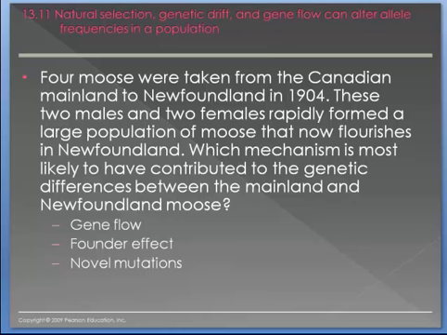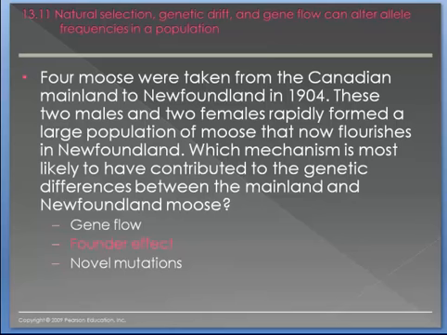Which mechanism is most likely to have contributed to the genetic differences between the mainland and Newfoundland moose? Is it gene flow, founder effect, or novel mutations? And in this case, we're taking a small group of moose and putting them on a distant island.